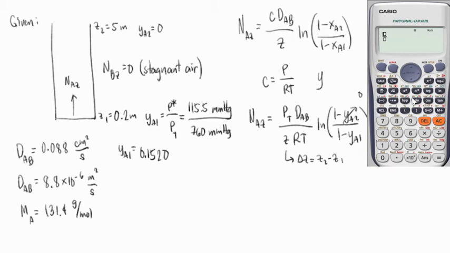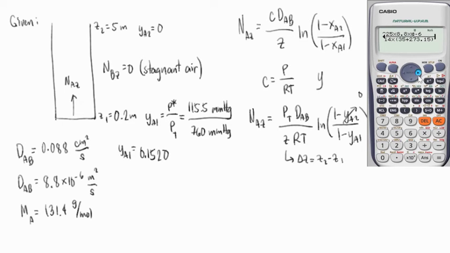Substituting given values to our new derived equation, we have total pressure, atmospheric pressure, we have 101,325 pascals times the diffusivity, 8.8 times 10 raised to negative 6 divided by our delta Z is 4.8 meters times R, 8.314 multiplied by our absolute temperature, that is 35 degrees Celsius plus 273.15 to make it Kelvin.